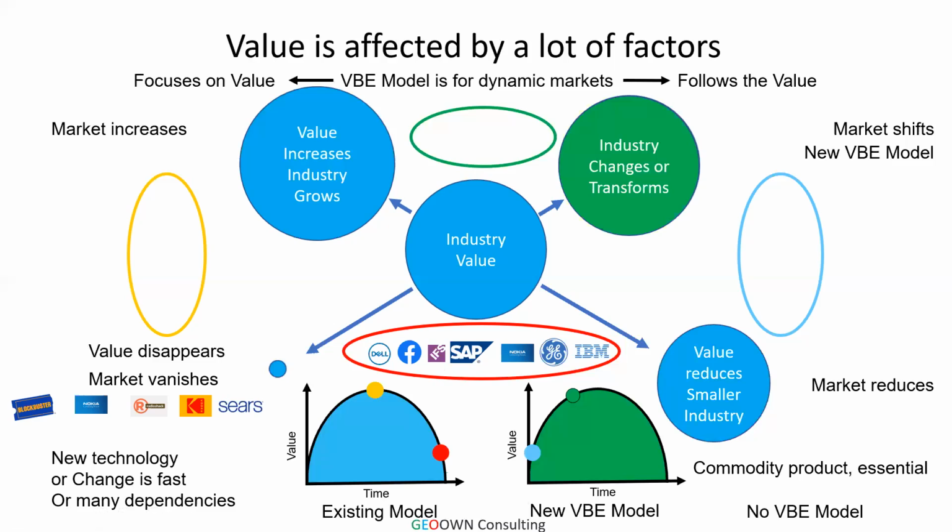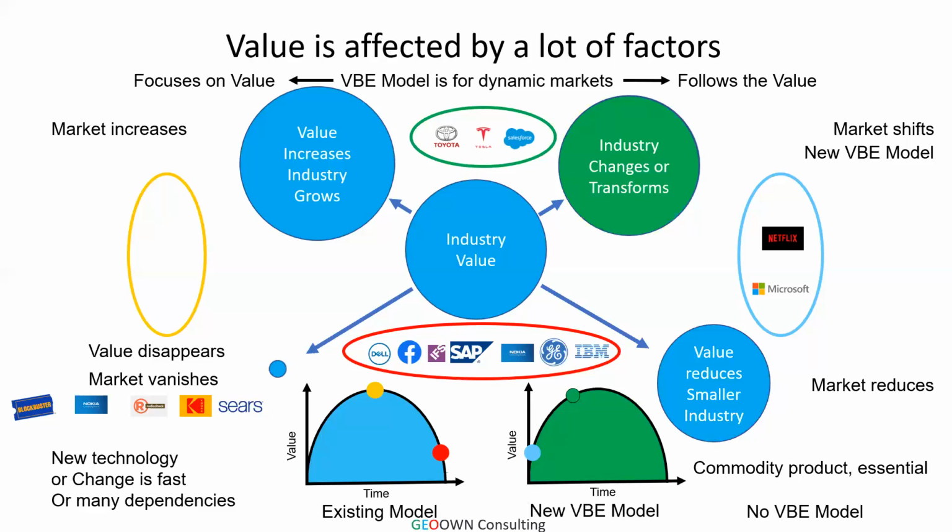As we saw with GE, IBM revenues have dropped from 104 billion to 79 billion in 2019, which is quite a drop. And they have not succeeded with their Watson VB model, which we'll soon see. You have companies like Netflix and Microsoft, which have migrated on the blue part to a new VB model. Microsoft has gone from its old Office VB model into the cloud VB model.